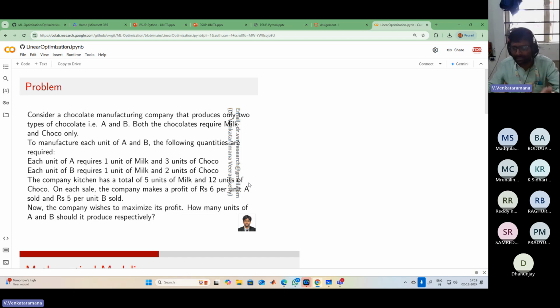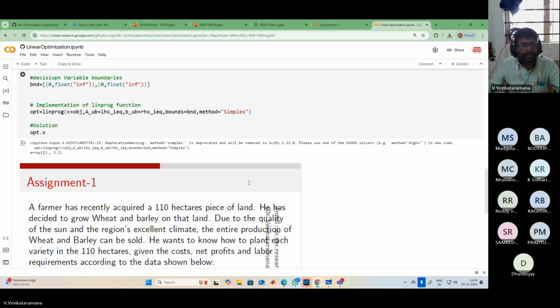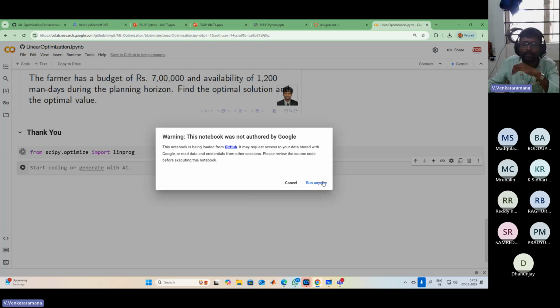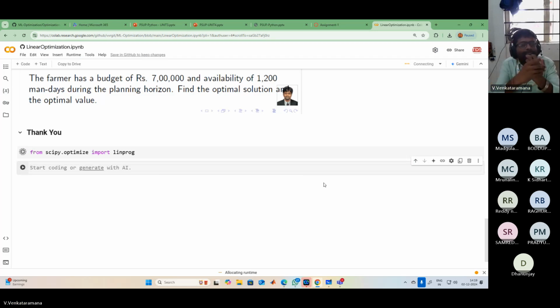We can run our Python code in the cloud. From scipy.optimize, you have to import the linprog method. So that's the first thing. We will see whether it is successfully executed or not. If it is successfully executed, then we will move to the next part.